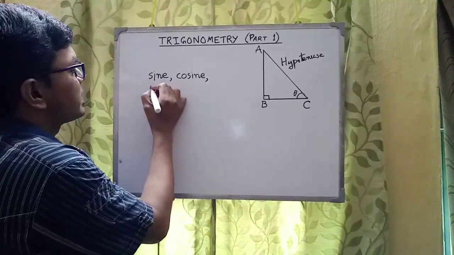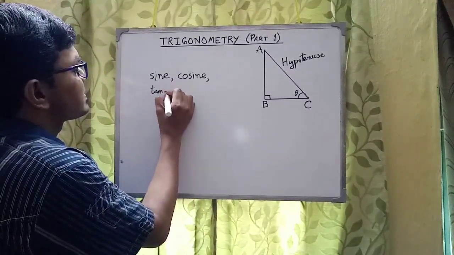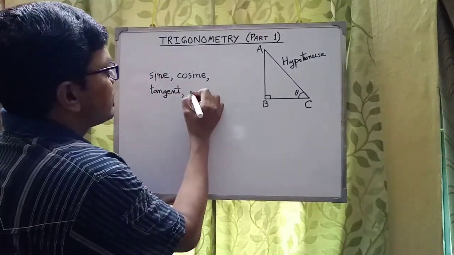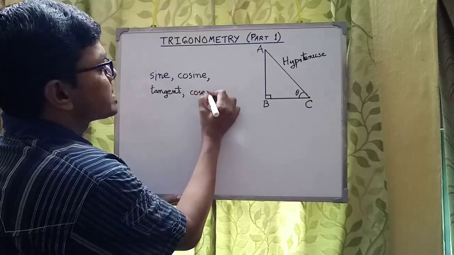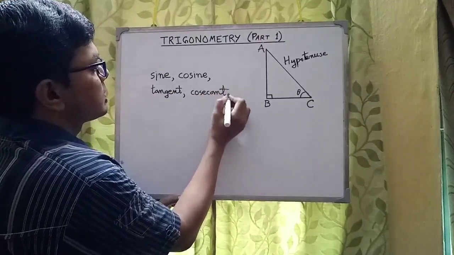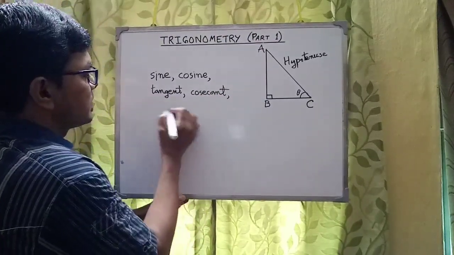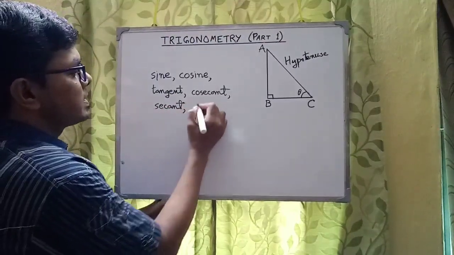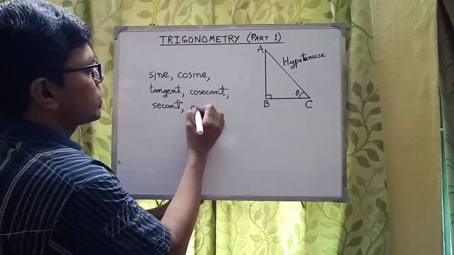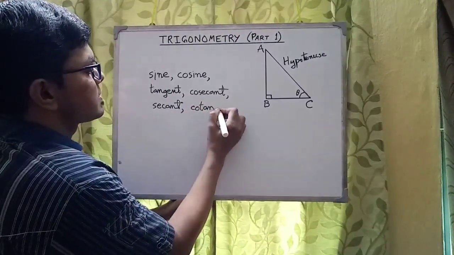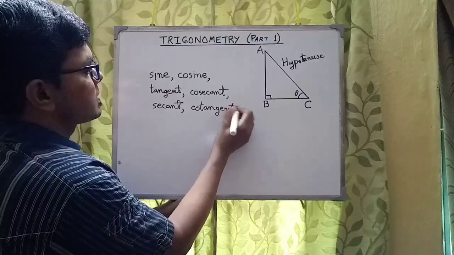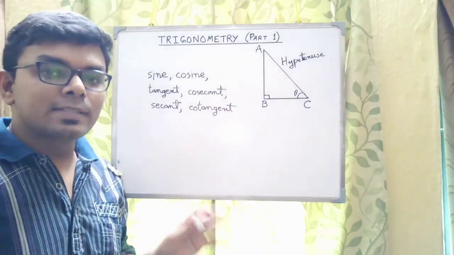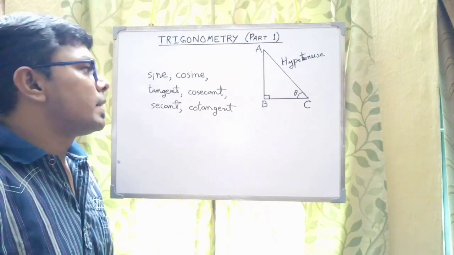Then we have tangent. Then we have cosecant. Then we have secant and cotangent. These are just the names of the 6 ratios which we have to learn.